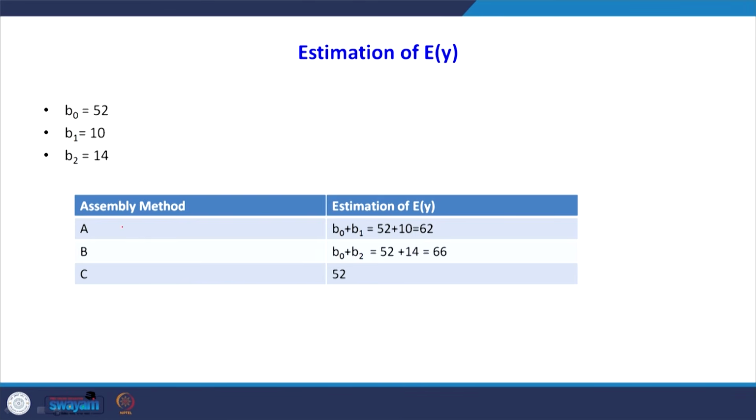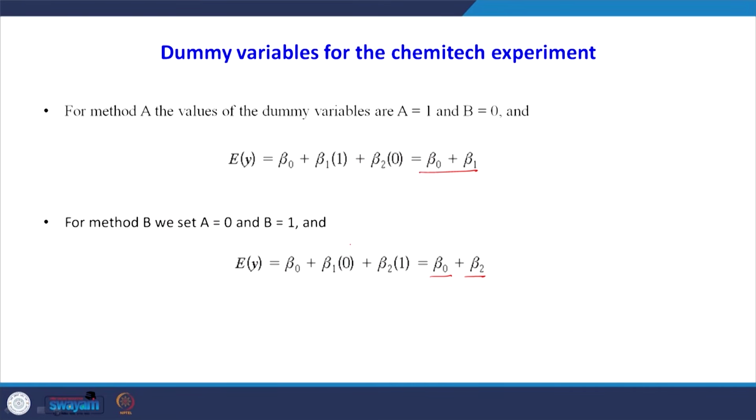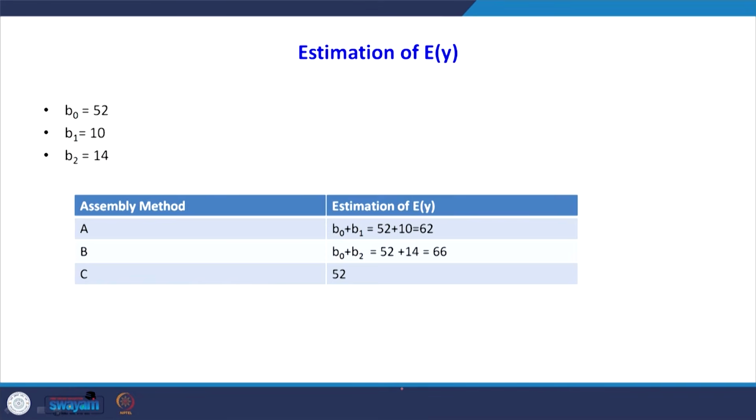If you want to know the estimated value of y for assembly method A, you have to refer to b0 plus b1. Beta 0 is 52, b1 is 10, so the total is 62.